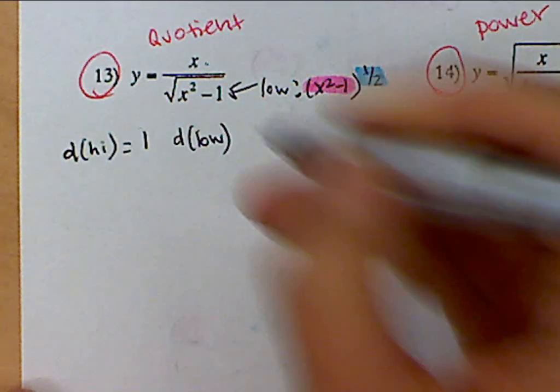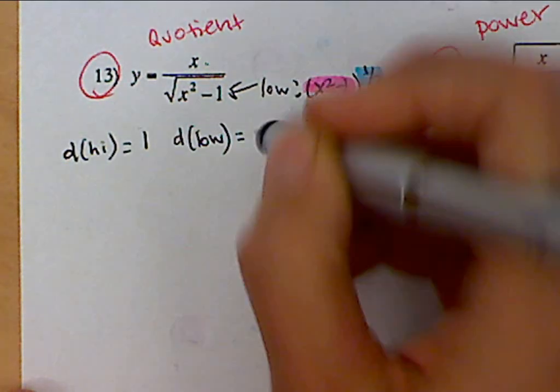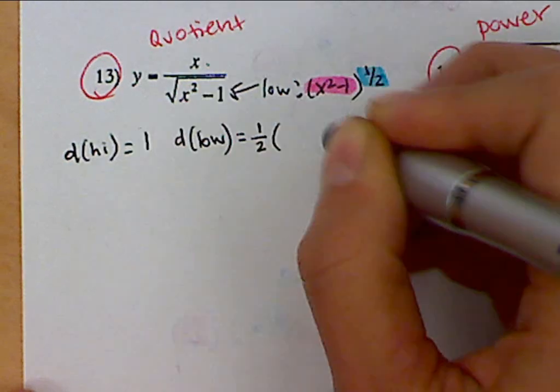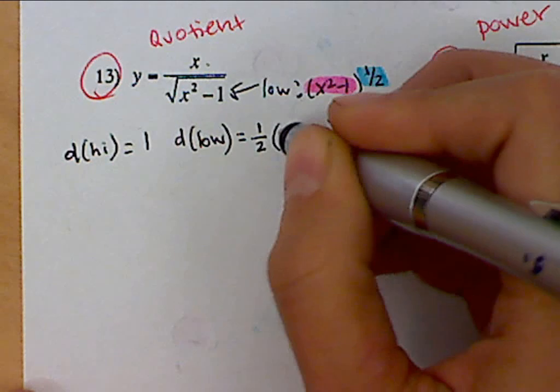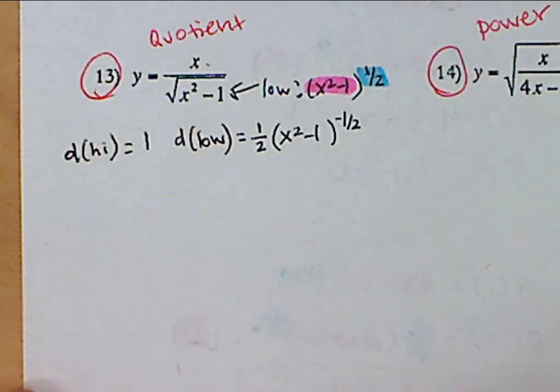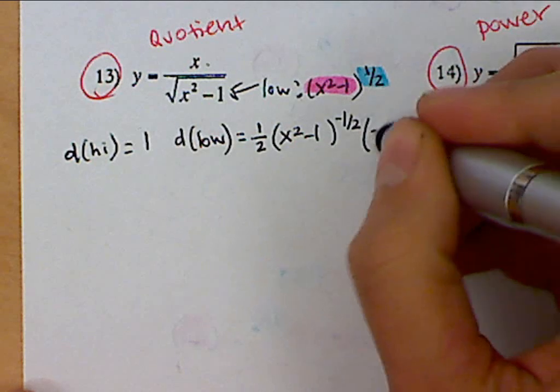So for that derivative, I bring down my 1/2, and the new power becomes negative 1/2, and the inside stays the same, x squared minus 1, and then I multiply times the derivative on the inside, which is 2x.